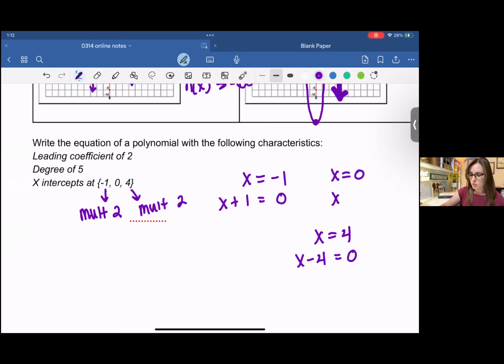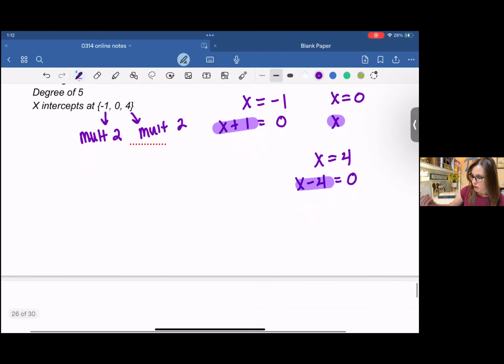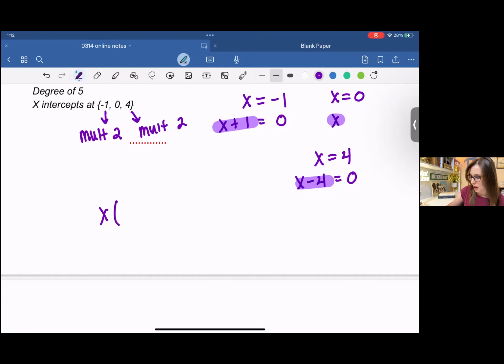So that's going to give me my factors. I'm working backwards to get those factors. So I know I'm going to have an x. I know I'm going to have an x plus 1, and I know I'm going to have an x minus 4. And then I did, for this problem, a multiplicity of 2 on -1 and a multiplicity of 2 on 4.